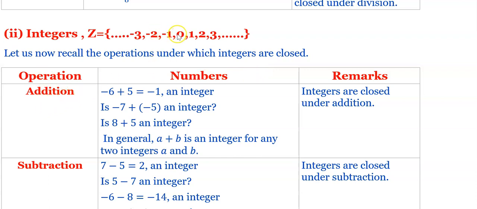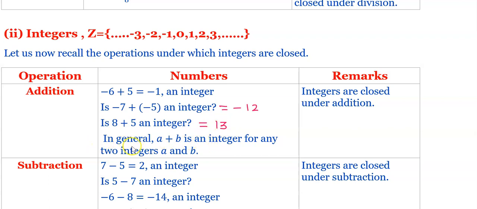If we take any two numbers from this set of integers, if I take minus 6 plus 5, then you will get minus 1. Yes, it is an integer. Minus 5 plus minus 7 is minus 12, and again it is an integer. 8 plus 5 is 13. It is also an integer.